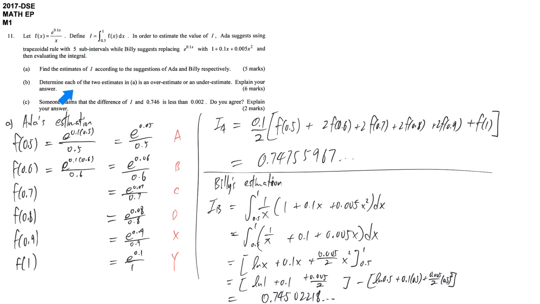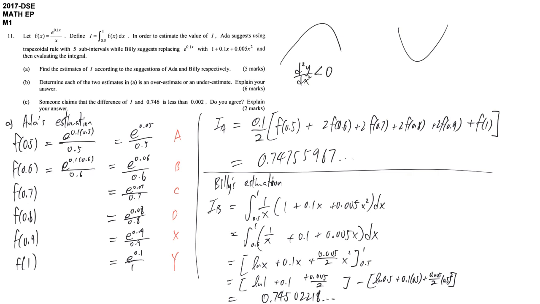Part B, we have to determine whether each estimate is overestimated or underestimated. In part A, by the trapezoidal rule, we are going to find out whether the curve has a decreasing slope or an increasing slope. If the slope is decreasing when x increases, that means the second derivative d squared y over dx squared is less than 0.